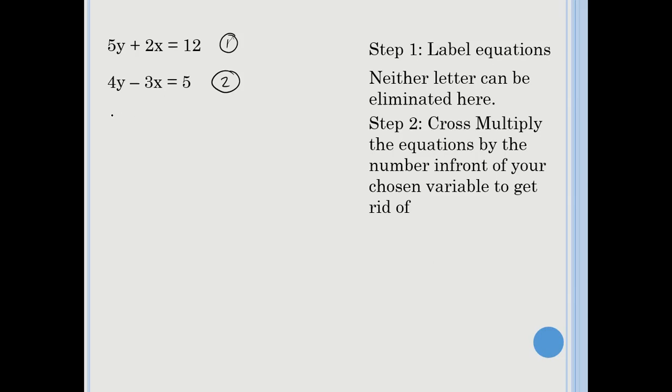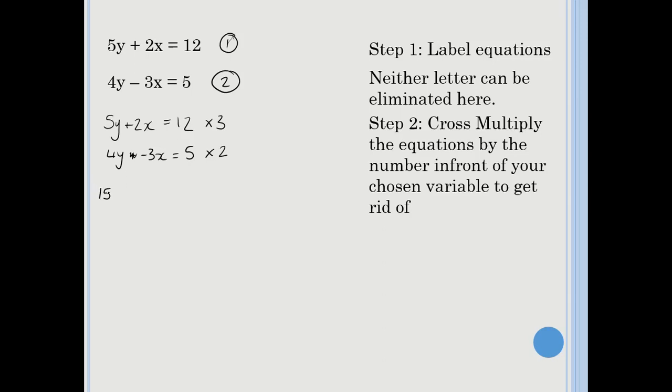So this time I'm going to multiply equation 1 by 3, because there's a 3 in front of the x in equation 2. And I'm going to multiply equation 2 by 2 because of the 2 in front of the x in equation 1.